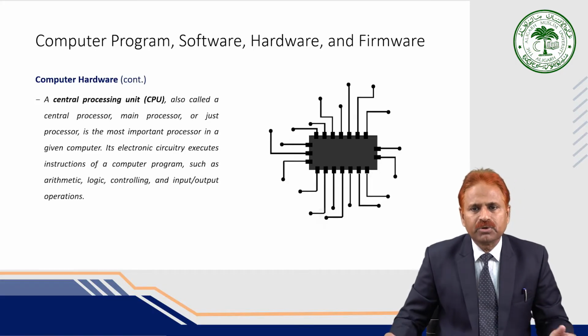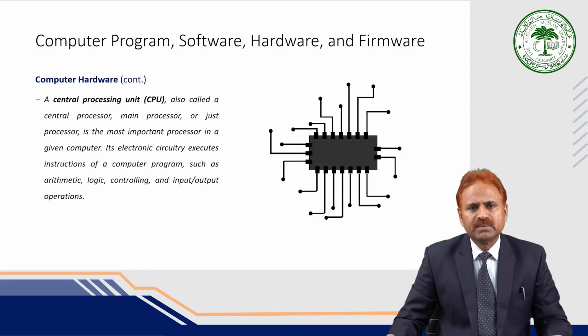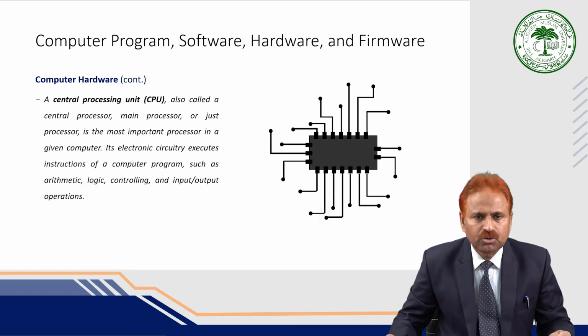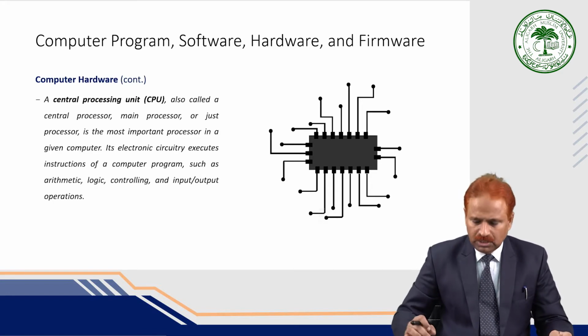The CPU is the main component on the motherboard, and as I have already told you, it is also called the central processor, main processor or just processor. It is the most important part in the given computer. Its electronic circuitry executes instructions of a computer program, such as arithmetic logic, controlling, and input and output operations.